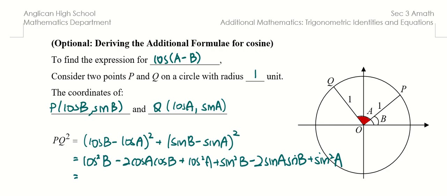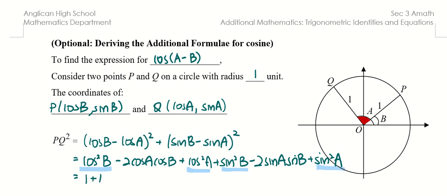What are the groupings that you can do? Firstly, cosine square B added to sine square B is actually 1. Next, sine square A added to cosine square A is actually another 1.